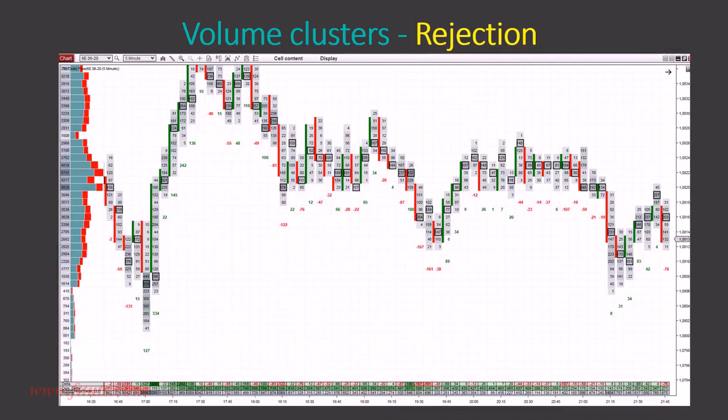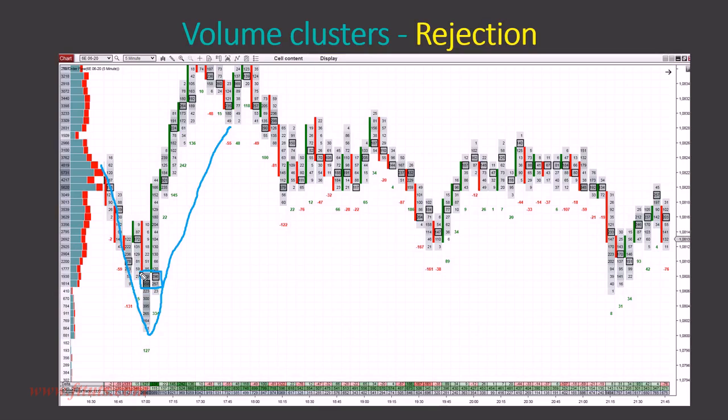Now this is also a 5-minute chart on the Euro. There was a significant rejection of lower prices in here. I had to zoom it out a bit because the reaction came the other day, so it wasn't that soon. This was the significant volume cluster, those volumes right there.